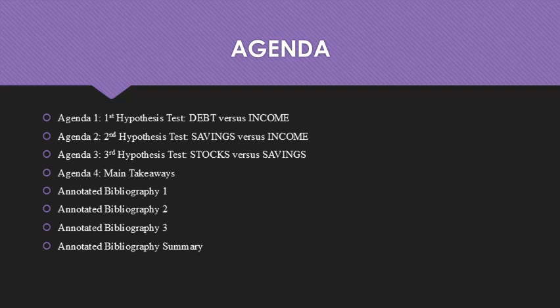The agenda for this presentation is as follows. Agenda 1, first hypothesis test, debt versus income. Agenda 2, second hypothesis test, savings versus income. Agenda 3, third hypothesis test, stocks versus savings.